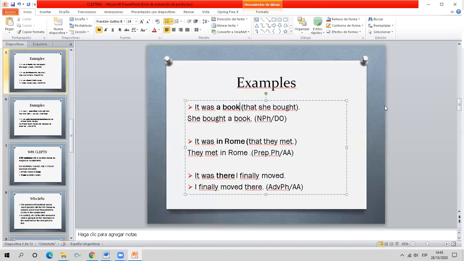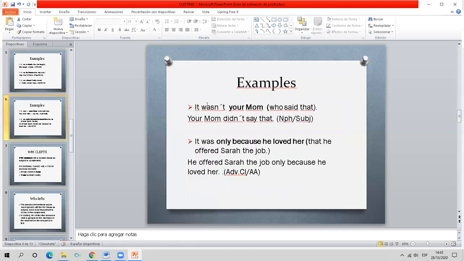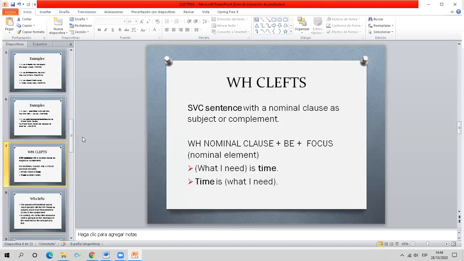So that's why we say relative like, in the sense that you have the that, and we said you may have something like a who here, okay? It wasn't your mom who said that, but very clearly, I think that intonation helps you see this does not constitute a unit, okay? All right, so let's move now to WH clefts.